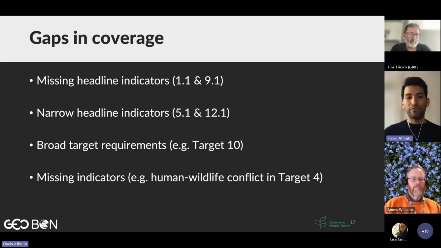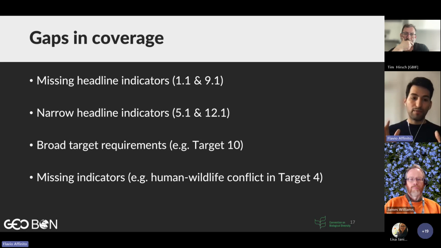In other cases, we've got gaps because headline indicators are quite narrow. For example, 5.1 is specifically focusing on wild fish, but target 5 is asking about all use of wild species. So the headline indicator is not able to cover everything. And as you saw for target 12, again, it's narrowly focused on access to green spaces, but target 12 is asking for more than access to green spaces, including blue spaces and others.